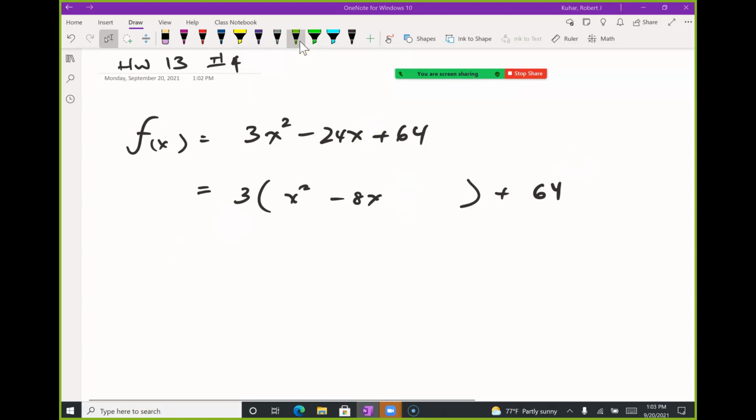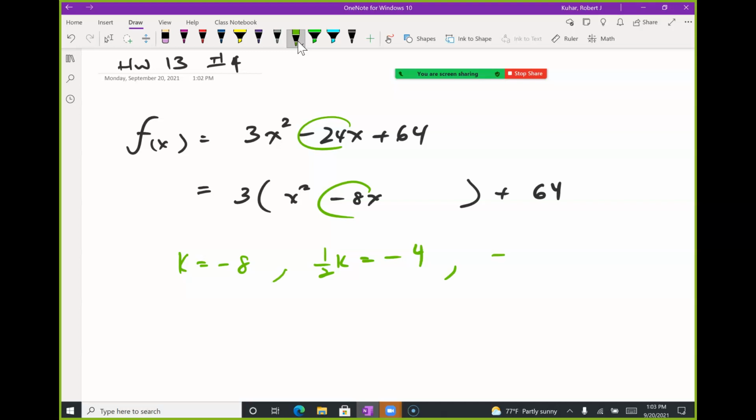So I would call this piece b. I'm calling this number k, right? So ax squared plus bx plus c. And once I factor out this leading coefficient, I'm now using a different letter. So I'm saying k is -8. Half of k is -4. And if I take half of k and square it, I get 16.